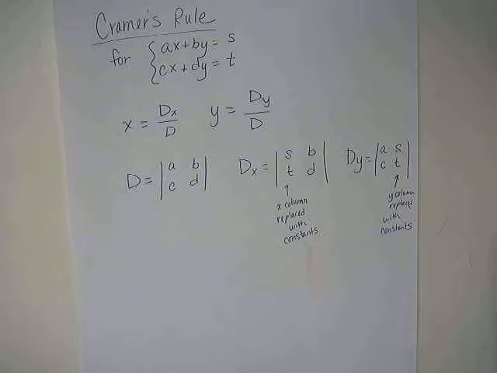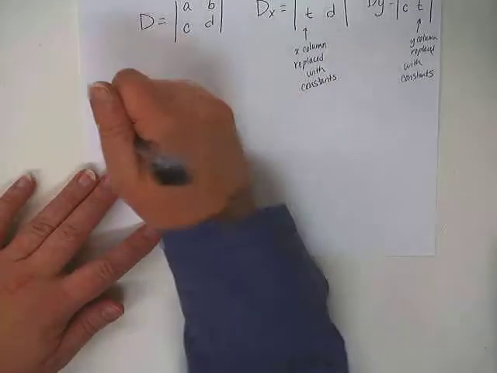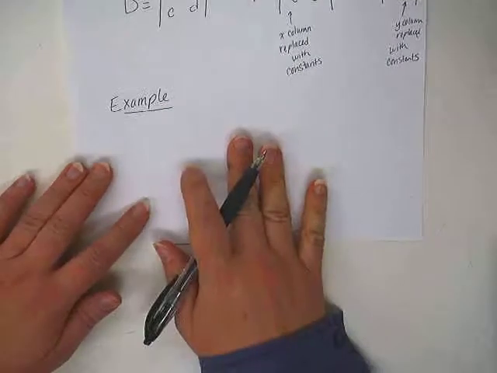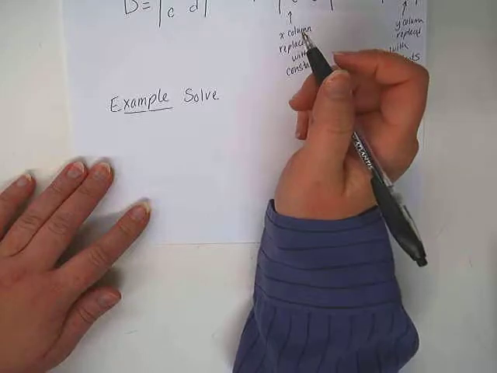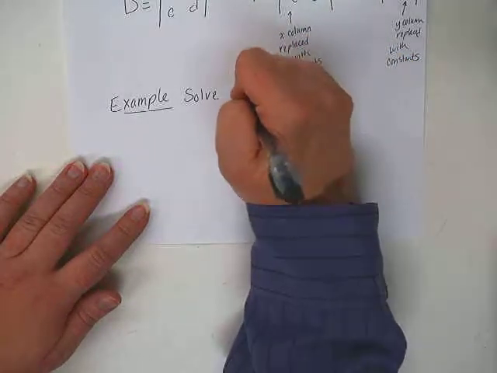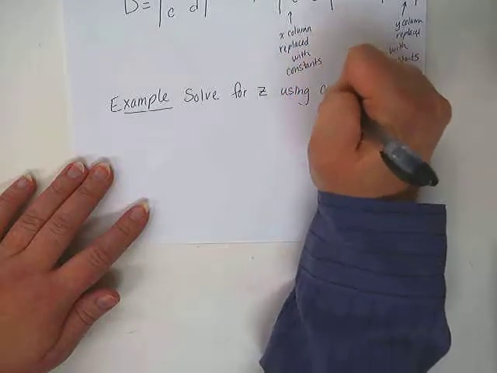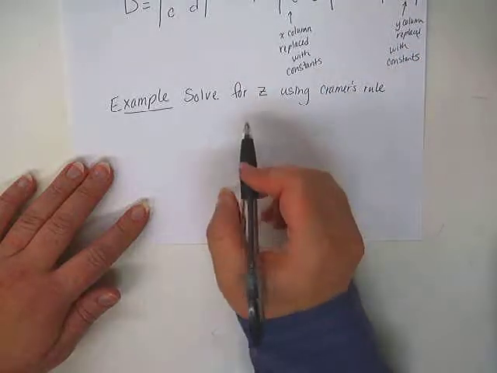Okay? Let's go ahead and do a 2 by 2 problem that we saw earlier. Actually, let's do a 3 by 3 first, just for fun. The way that I'm going to shorten this, though, is I'm going to say solve for z using Cramer's rule.